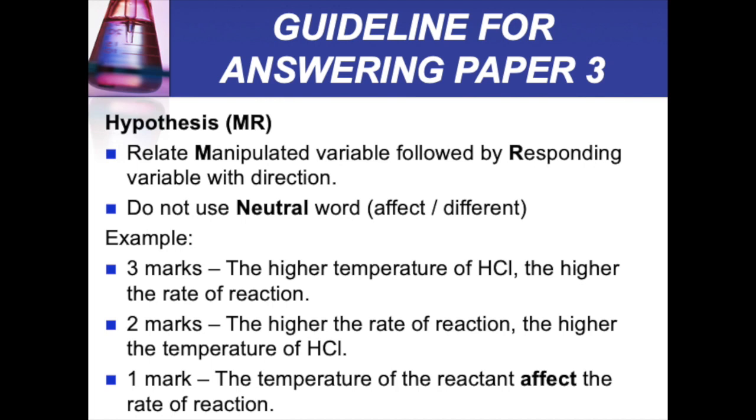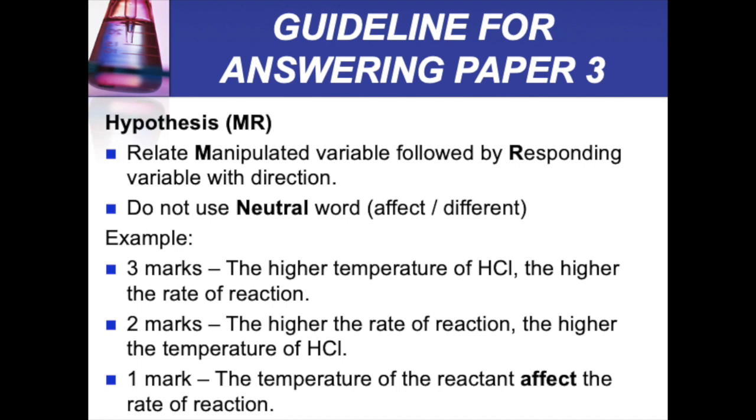Let's look at the example. What is the 3 marks sentence? In an experiment, the higher the temperature of the solution, the higher the rate of reaction. So temperature of the solution is the manipulated variable, while reaction is the responding variable. We can see the manipulated variable first, followed by the responding variable.